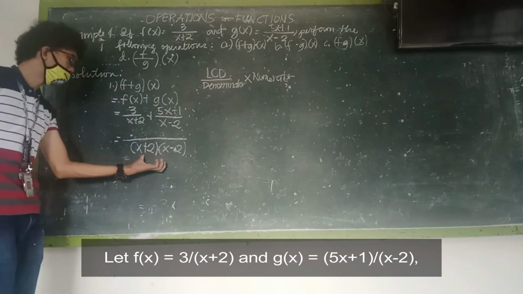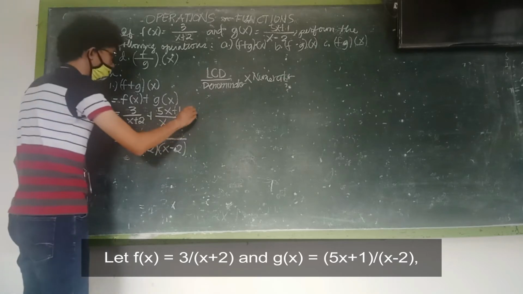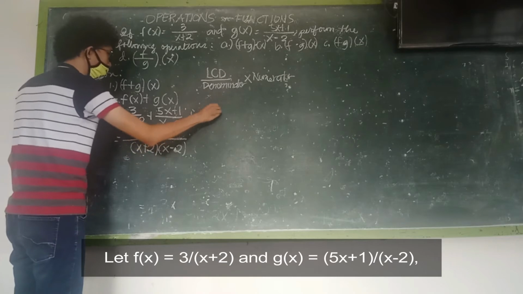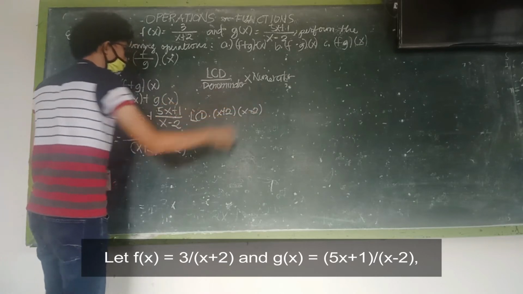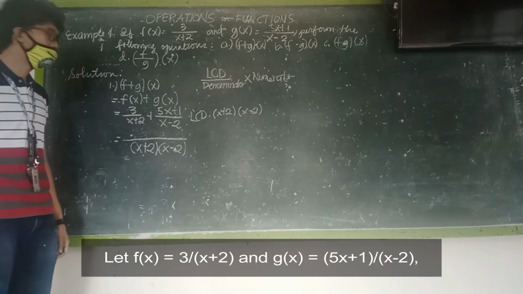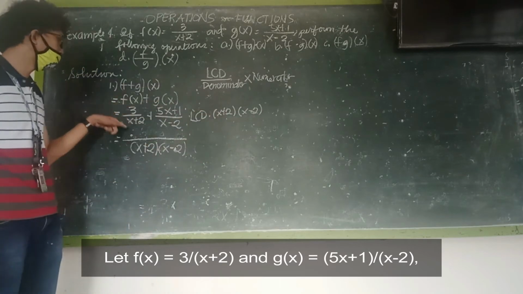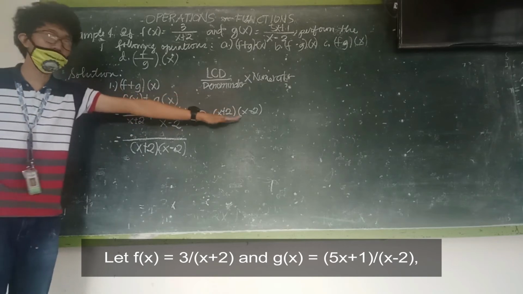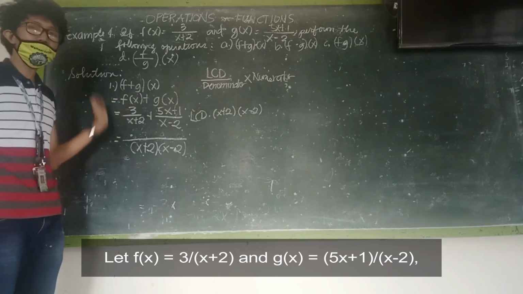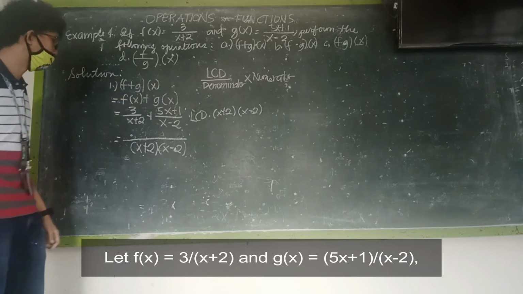So we have here the LCD. LCD in this case is equal to x plus 2 times x minus 2. So we will divide the LCD by the denominator for both. So ito, i-divide natin dito mamaya, and then ito, i-divide natin dito. Then, i-multiply natin siya sa taas.